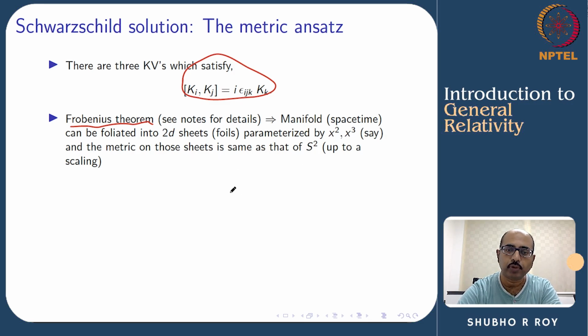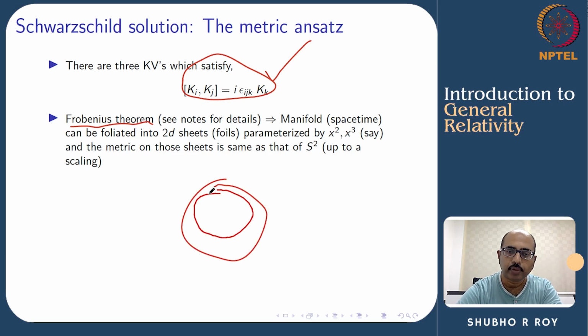So if there exist such Killing vectors which obey the SO3 algebra, then the manifold will look like such concentric surfaces, a collection of concentric spheres.